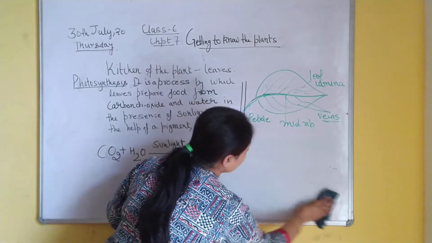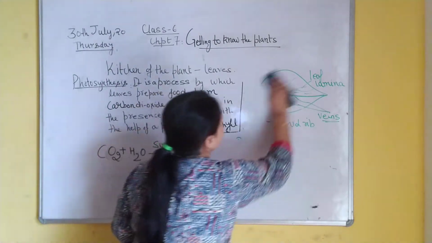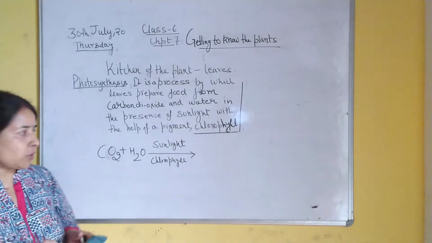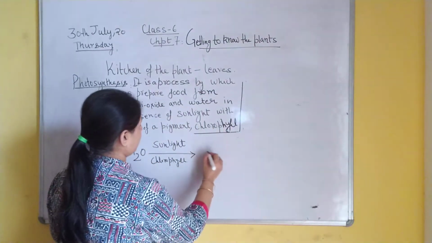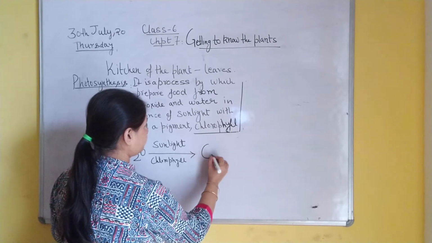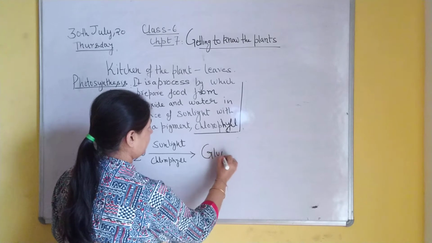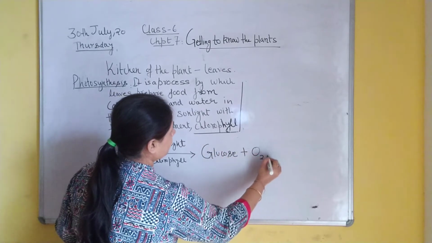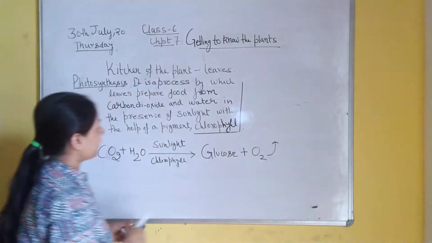Now the food form is in the form of a simple sugar which is glucose. So we will write glucose here, plus giving out oxygen. Oxygen is liberated out.